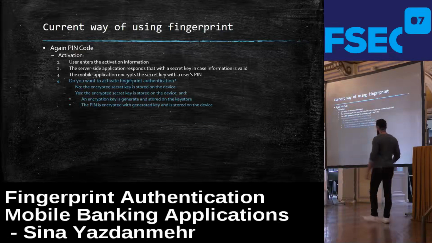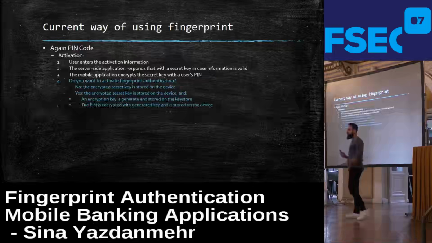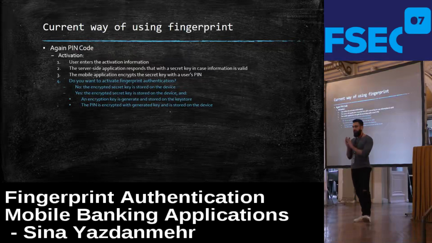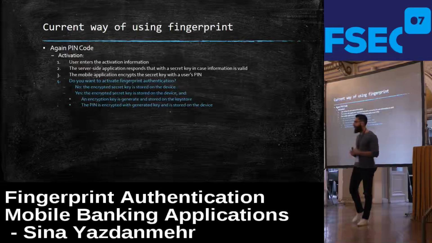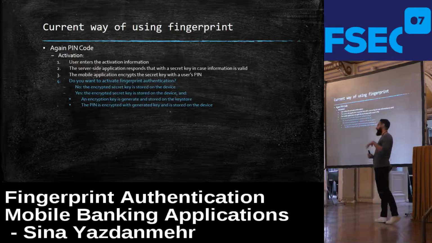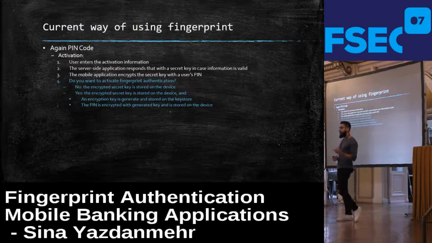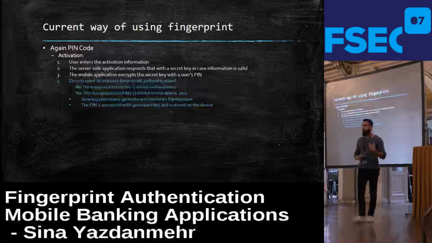After that, it asks the user, depending on the hardware availability, and first checks if the device supports fingerprint or not. In case of supporting fingerprint, the application asks the user if they want to enable the fingerprint authentication feature or not.